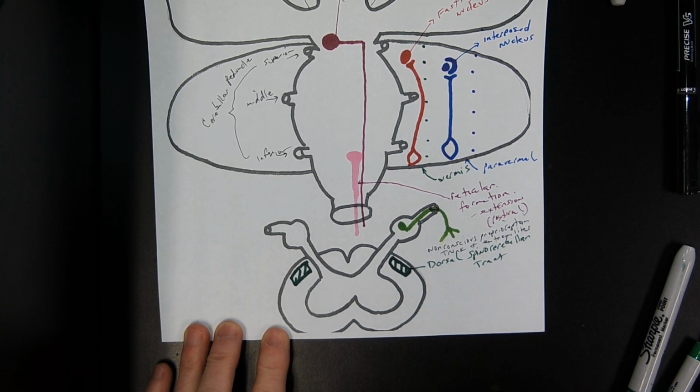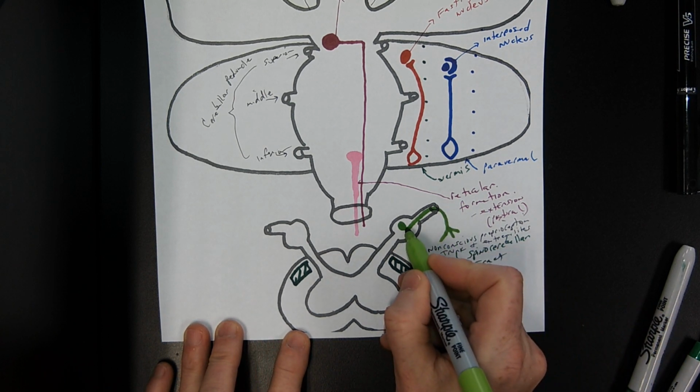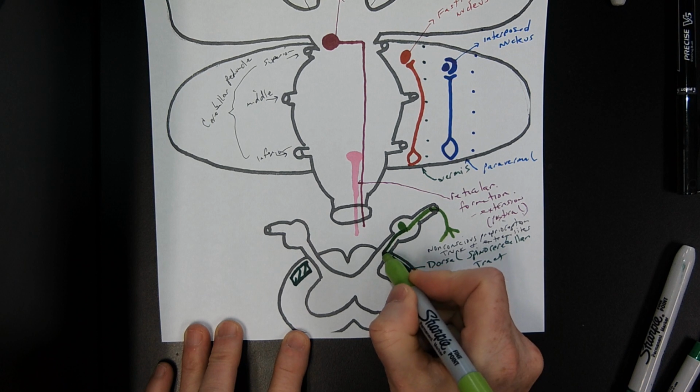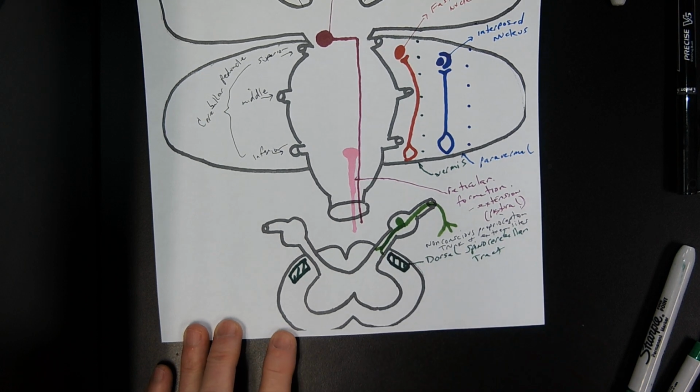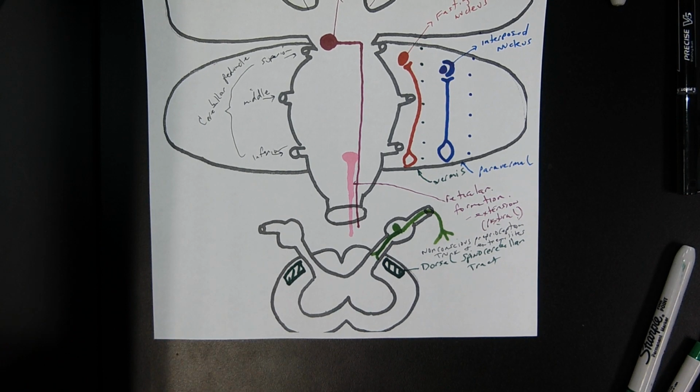Let's think about how to do this. Okay, so here's my first order neuron coming in here, and I'm going to synapse in the dorsal gray horn, on a specific nucleus. This specific nucleus is called Clark's nucleus.